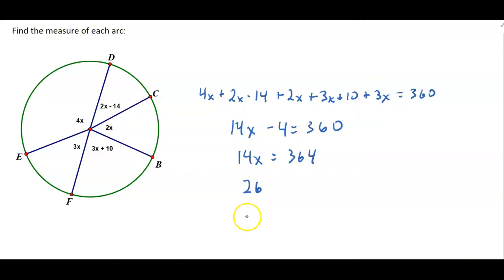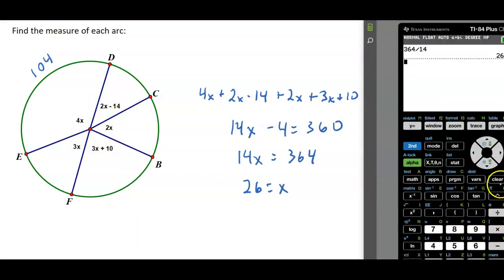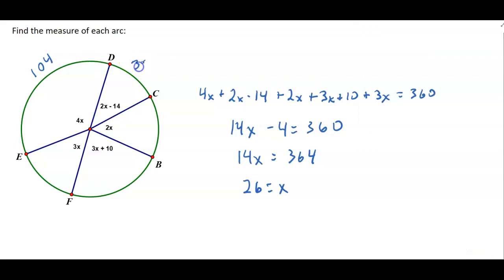Now we're not done, are we? That's just what x is. So now we need to get all the angles. 4 times 26 is 104. Then 2 times 26 is 52, and 52 minus 14 is 38. And that's 52.